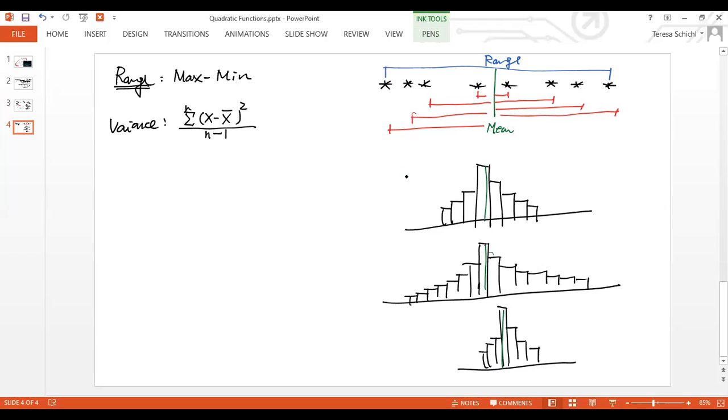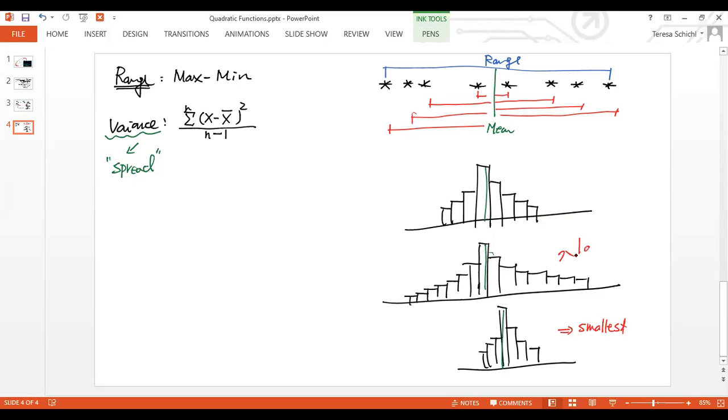Now, by just looking at it, think about the variance as the spread, how far away from the mean. Looking at these three distributions, which one has the smallest variance? This one, because it is so tight around the mean. Which one has the largest variance?